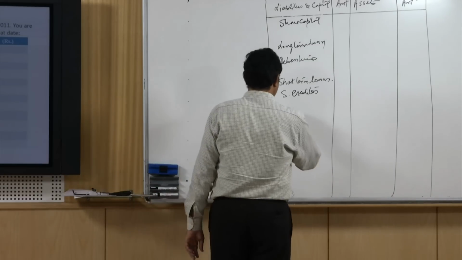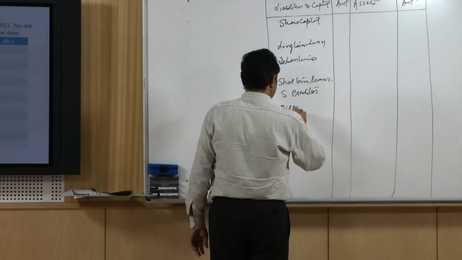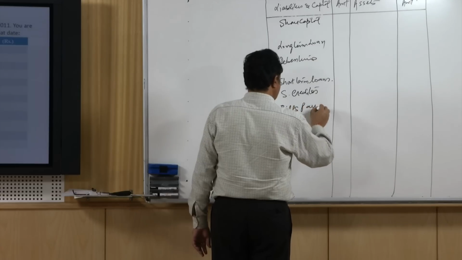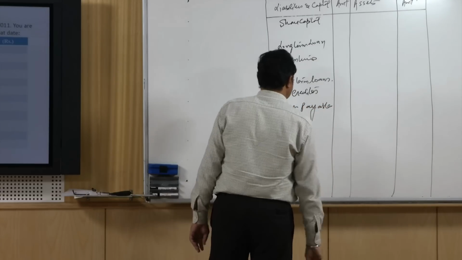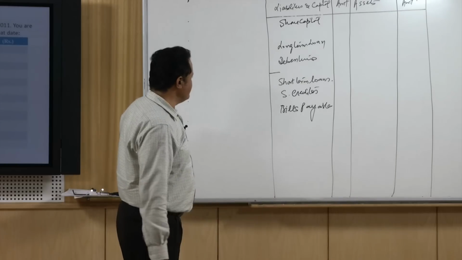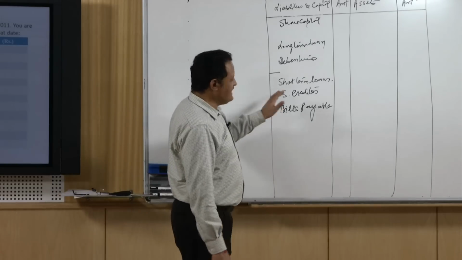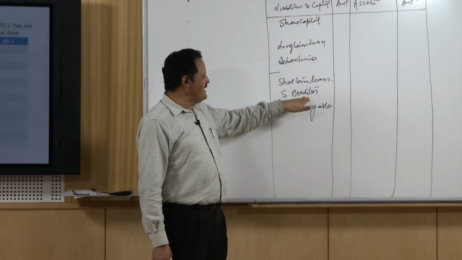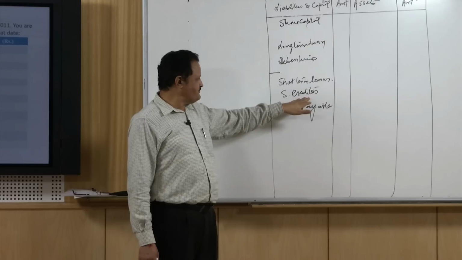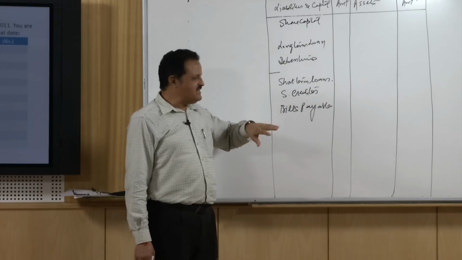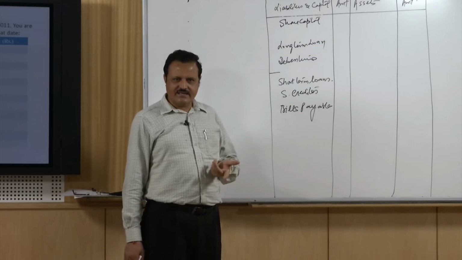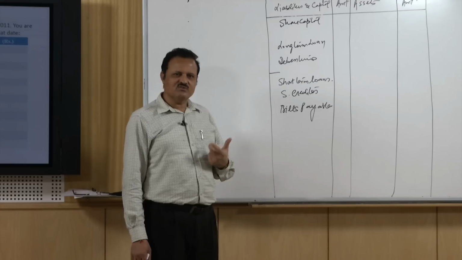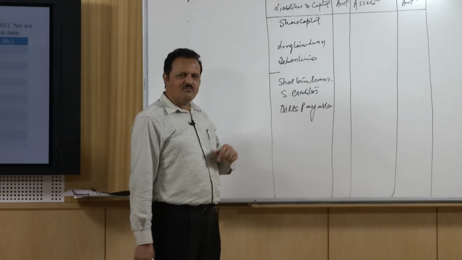Similarly, bills payable. Bills payable is again a liability. It is a kind of creditor, meaning both are a kind of creditor. This may be a creditor for buying the raw material, or for any other thing, maybe we have taken some funds from one firm or something like that.